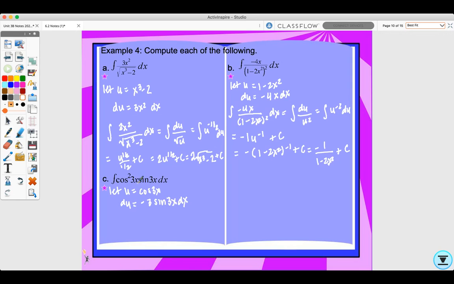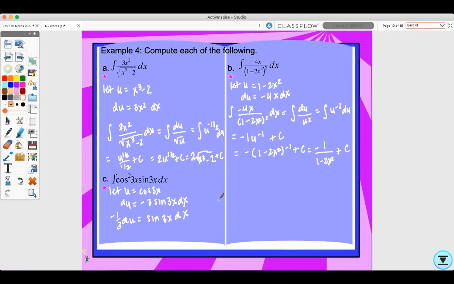But I notice here I do not have a negative 3 inside my integral, so I need to divide by that negative 3, and I'd have negative 1/3 du equals sine 3x dx.